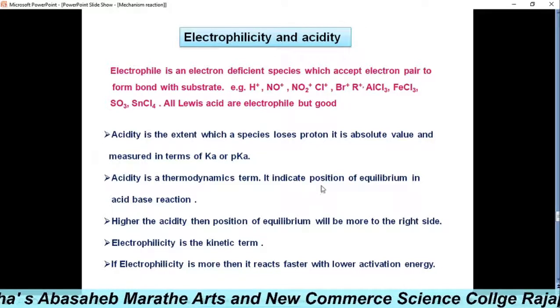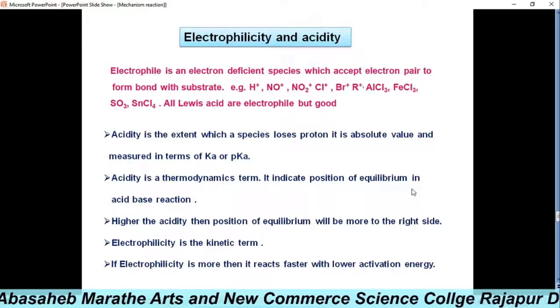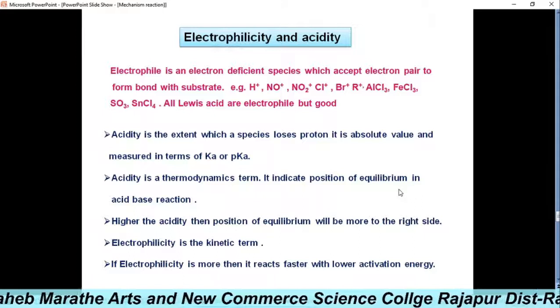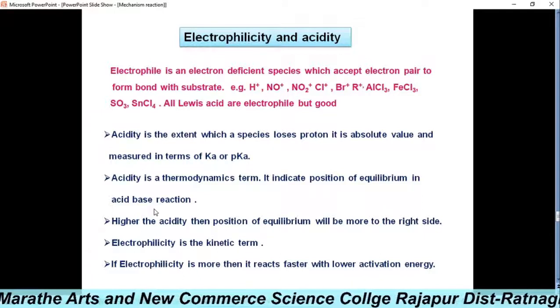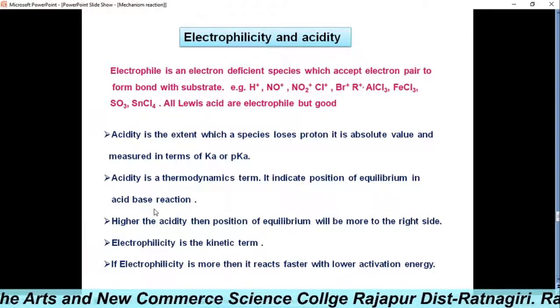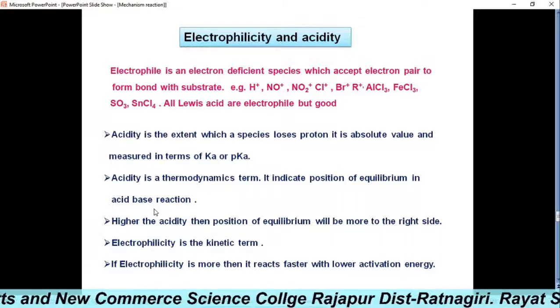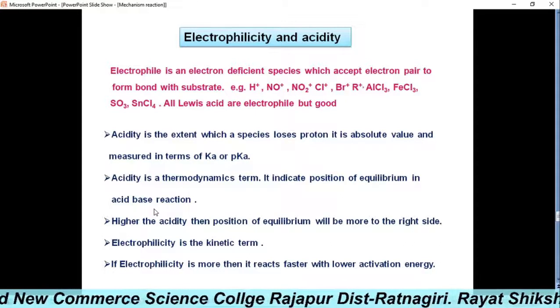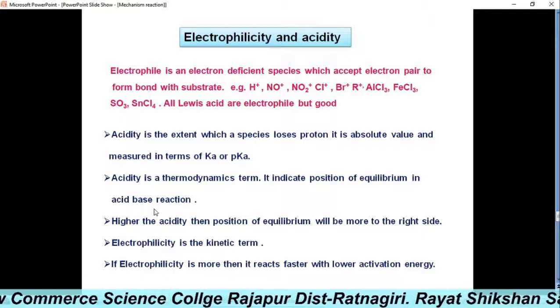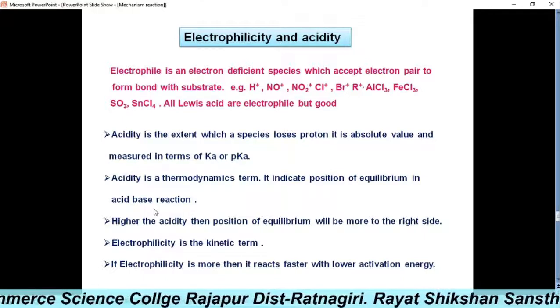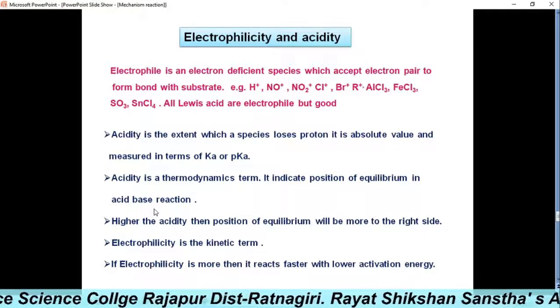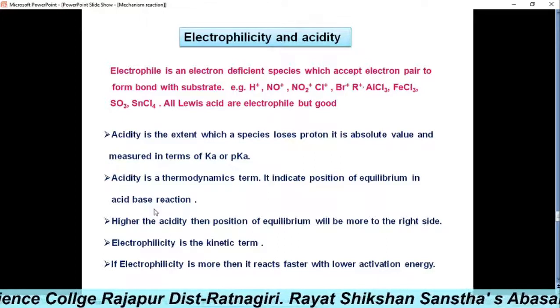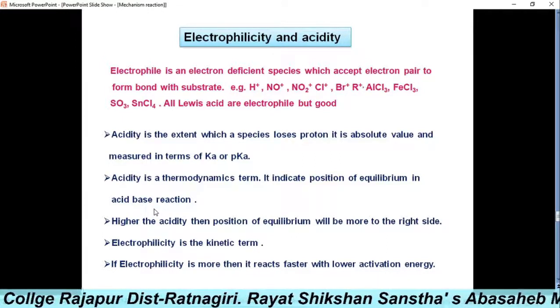It indicates the position of equilibrium in acid-base reactions. It means that if acidity is higher, then the position of equilibrium will be more to the right-hand side.